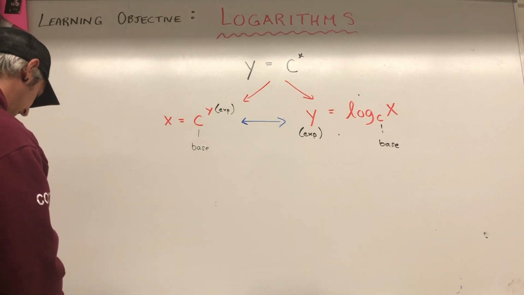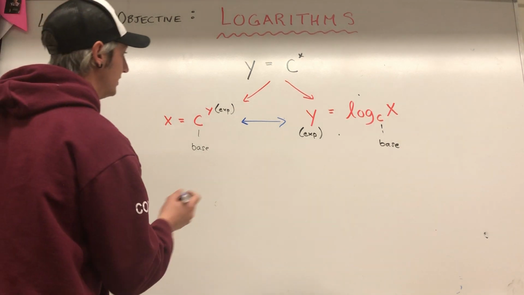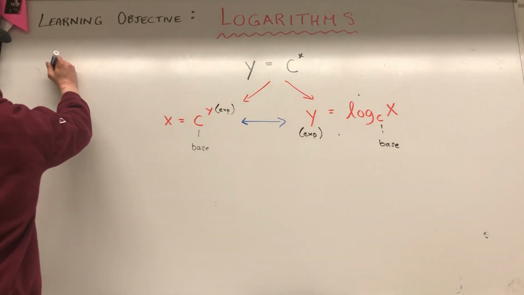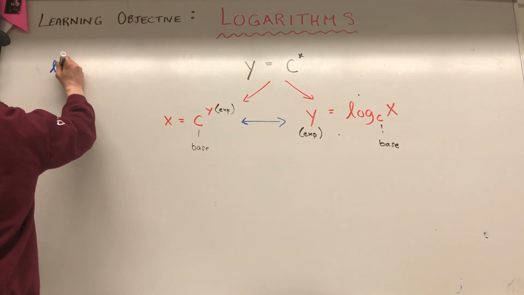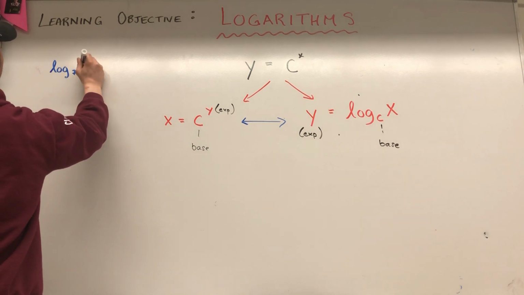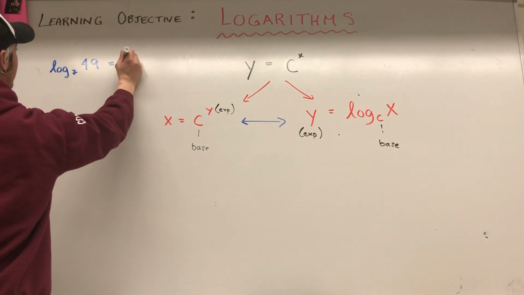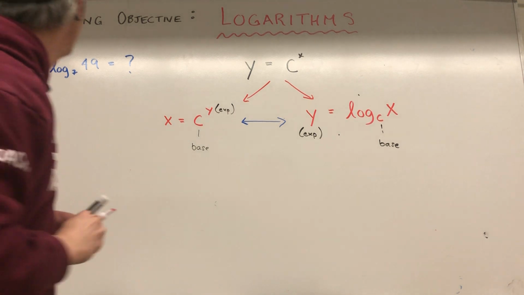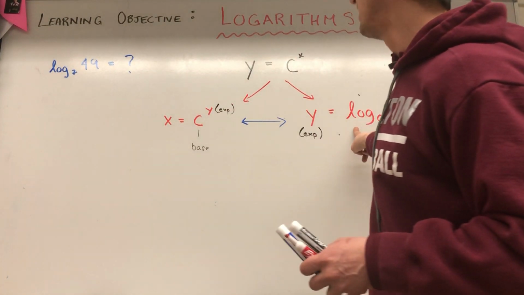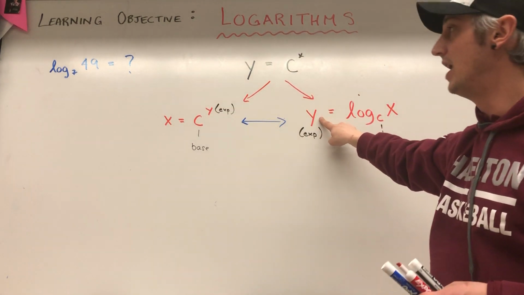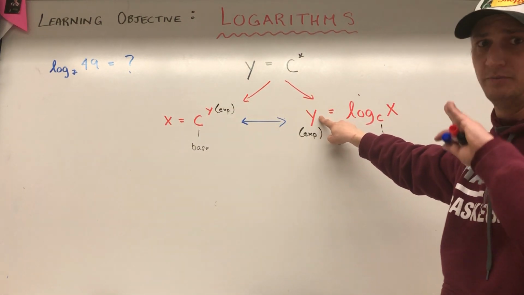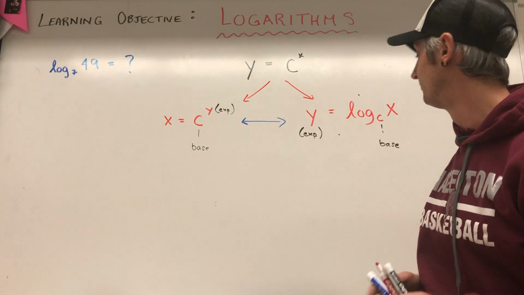Well, let's try something. Let's say it tells me to calculate what log base 7 of 49 is equal to, okay? So I go there and I say, okay, I'm in my log form here. My question mark I can essentially replace with y. What I'm trying to calculate is my y.